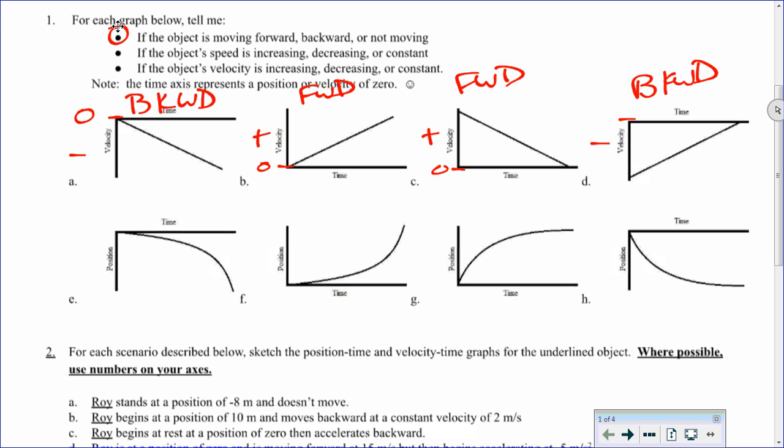Okay, so we'll do this in blue. How about velocity? So this one has velocity decreasing. Over here we've got velocity increasing. Here the velocity is decreasing, right? It's going downhill. And over here it's increasing. Cool? Problems with that?